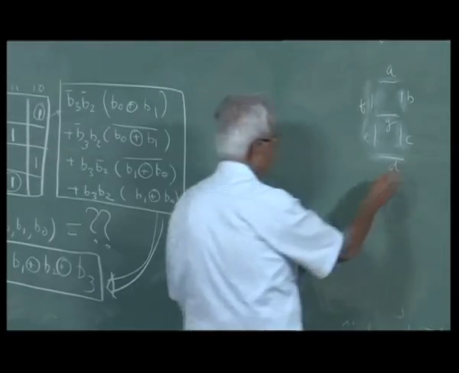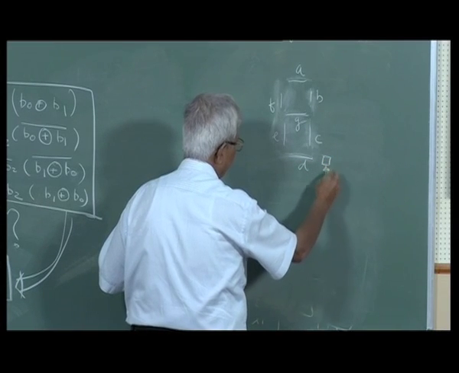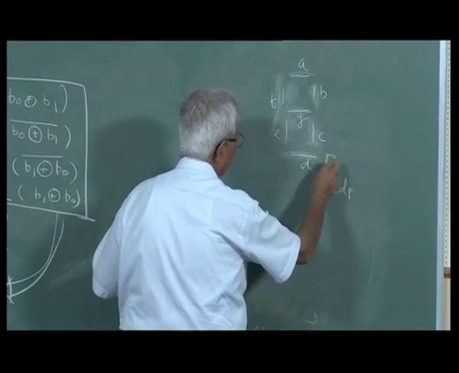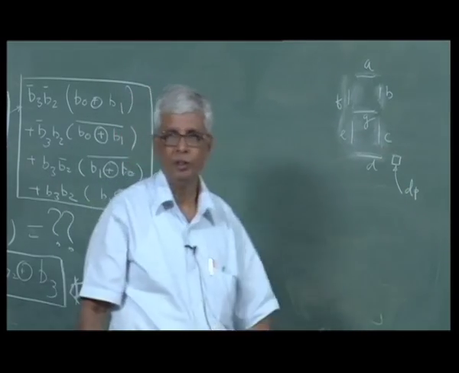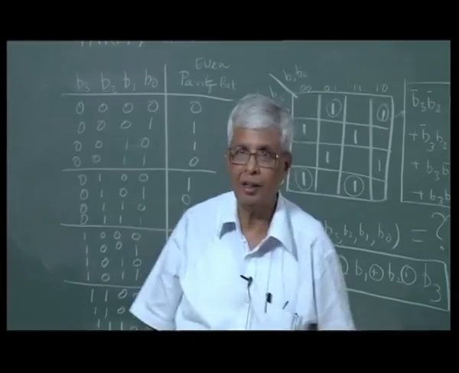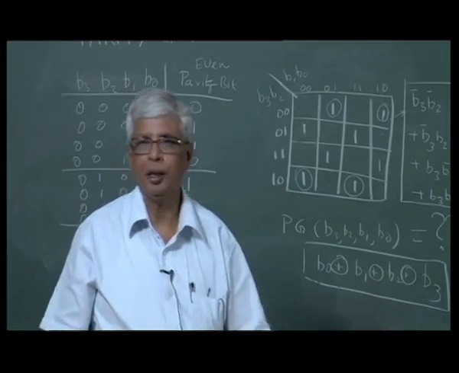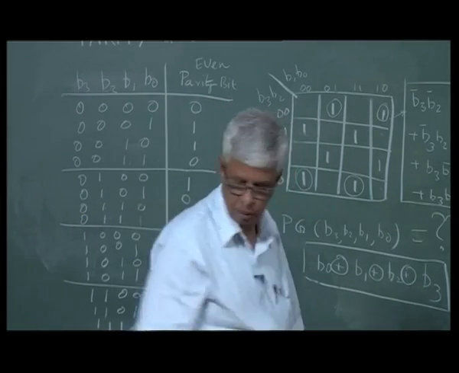Suppose it is a decimal number, they call it DP, decimal point. After G they have DP. Sometimes, for example, you want to have this number 32.7, I want that point. So sometimes DP is also used.